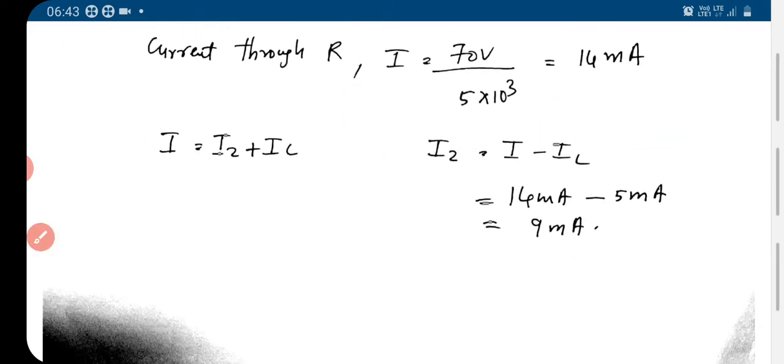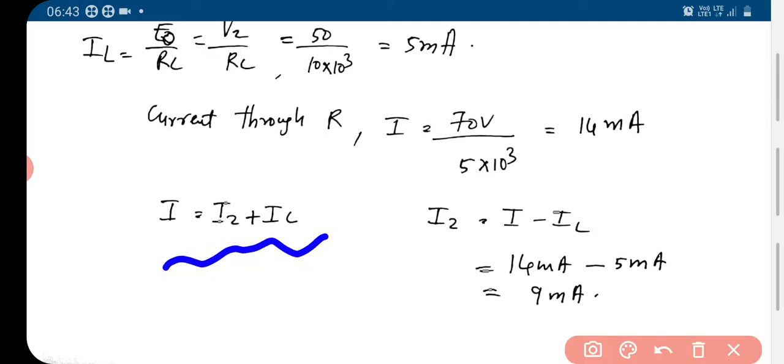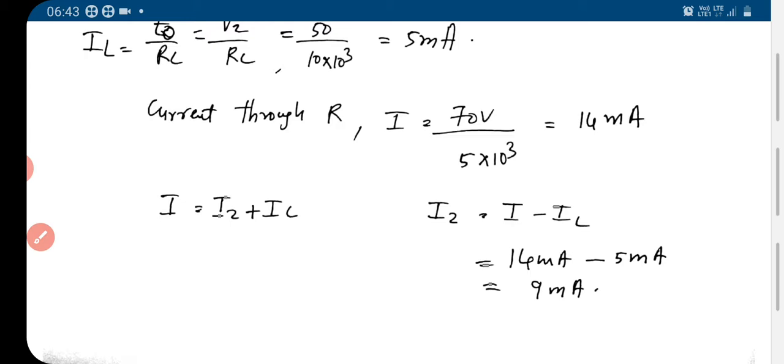So I is equal to 14 milliampere, the current through the series resistance. Now we can find I_Z using this equation. I_Z, the Zener current, is given by I minus I_L, that is equal to 9 milliampere. So this is the Zener current.